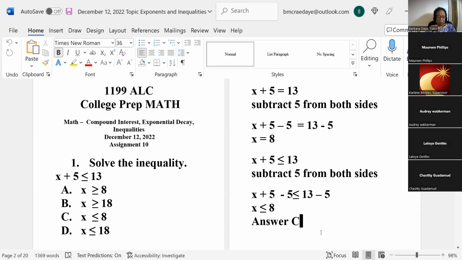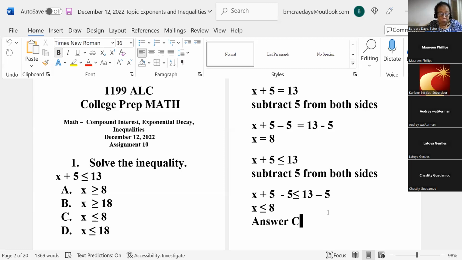So, Maureen, remember I said that you did the same thing you did when it was an equal sign, except you have an inequality sign, less than or equal, x less than or equal to 8. Any questions on number 1? No, not really.